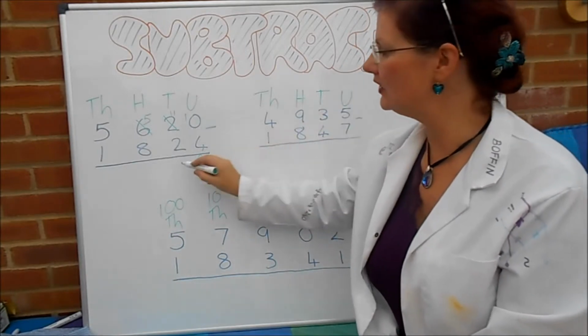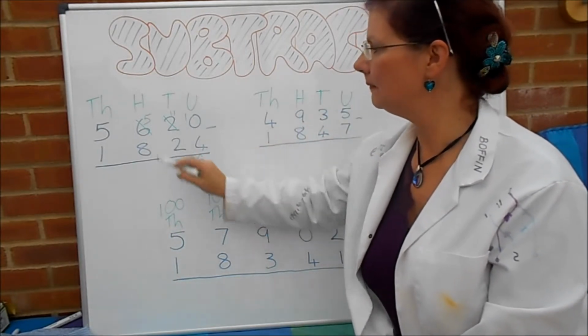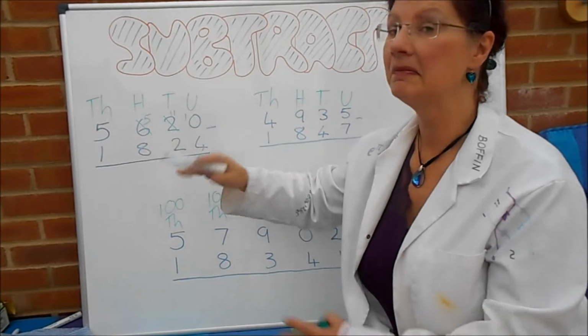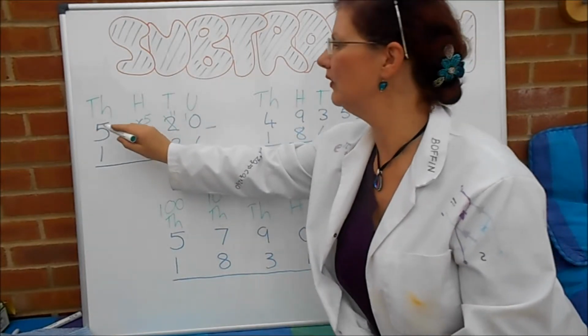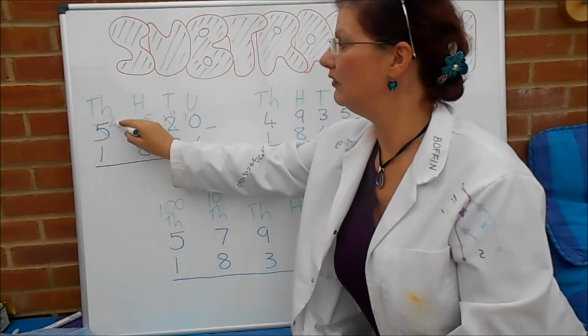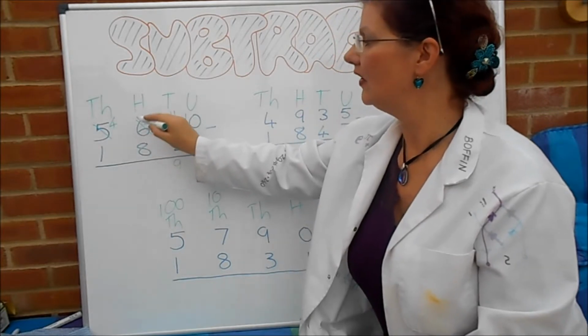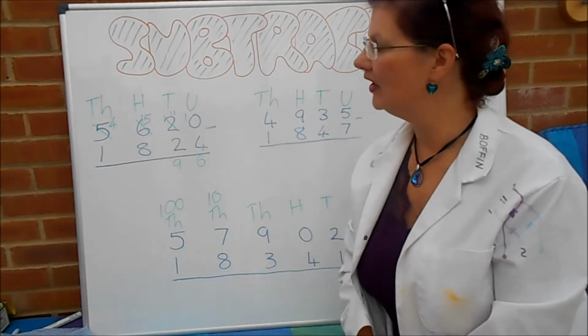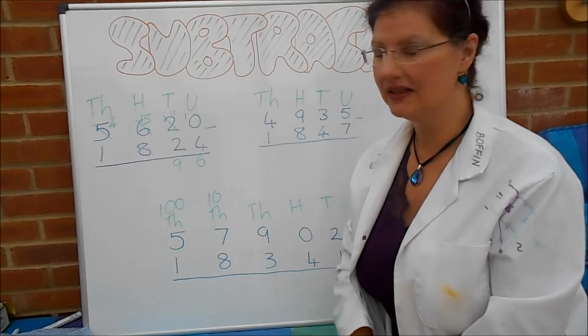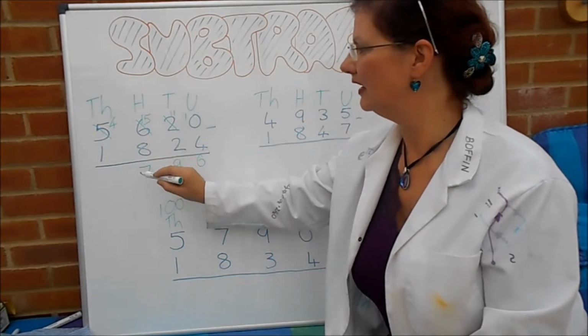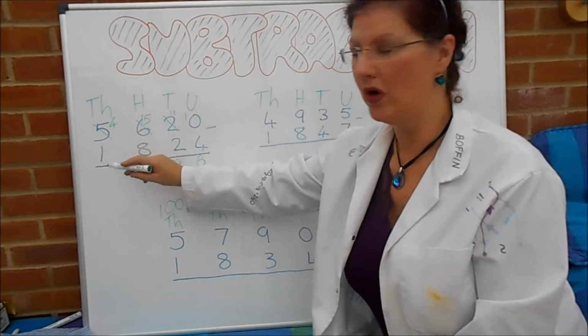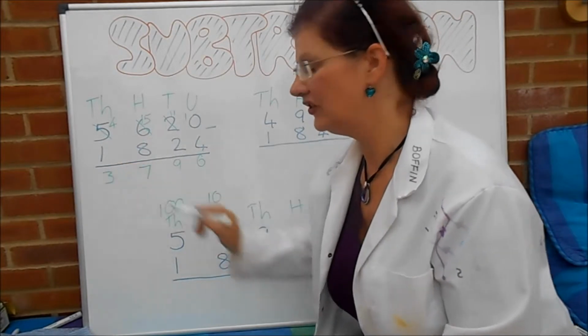So 11 take away 2, that's 9. 5 take away 8, can't do it, unpack one of these. So there's only 4 in the thousands and now 15 in the hundreds. 15 take away 8 is 7. And finally 4 take away 1, that's 3.